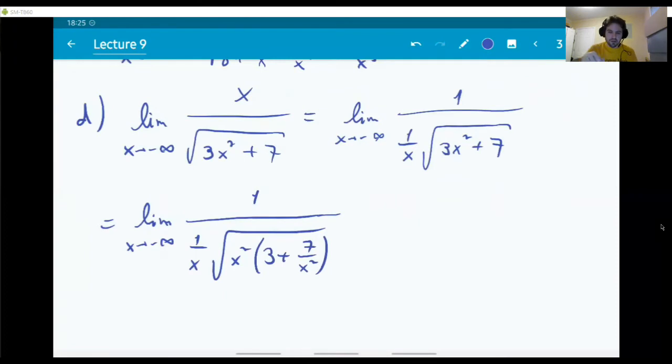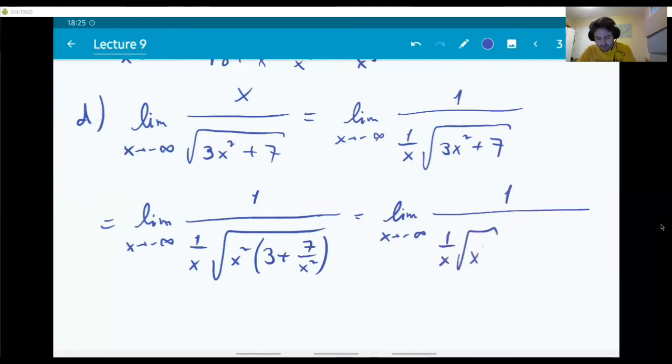And now you can see after you take the square root of x squared, that's the expression that you need to always be careful about. Let me write it like this. The square root of x squared is not x, it is the absolute value of x.